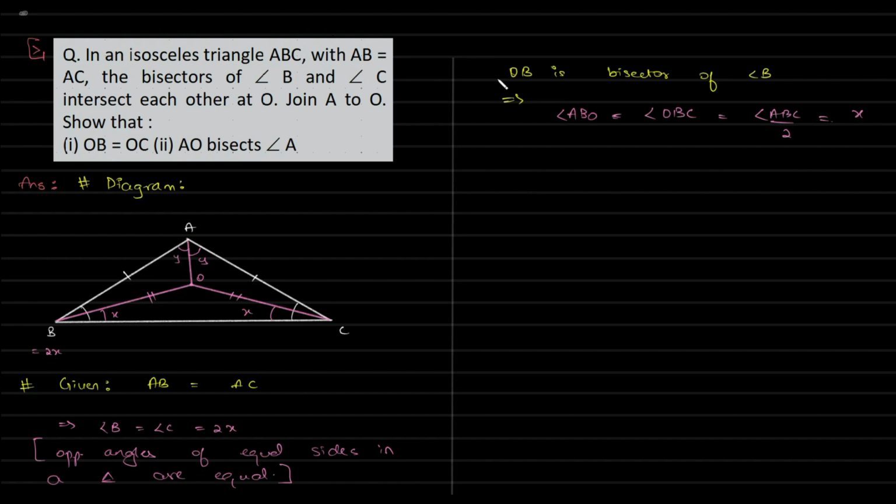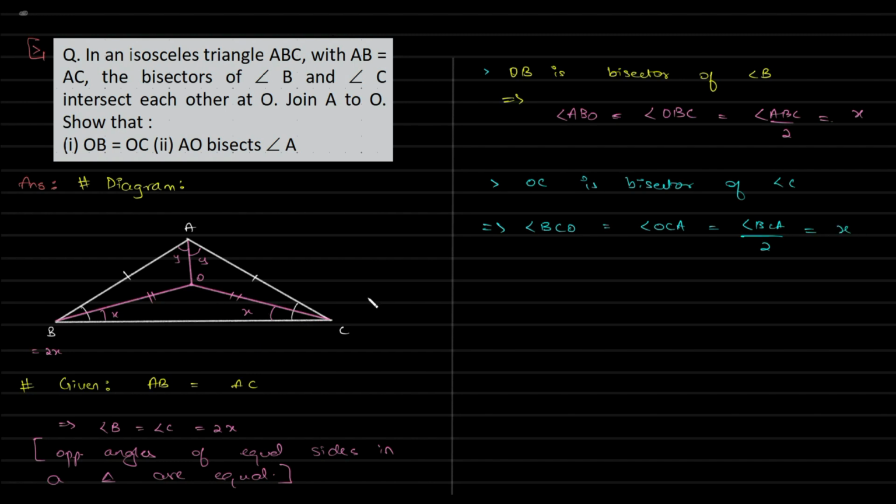Now similarly, what is given? We have been given that OC is the bisector of angle C. So we have angle BCO, which is equal to angle OCA, which is equal to angle BCA by 2, which is equal to x, right?